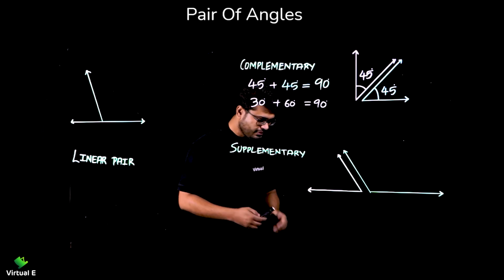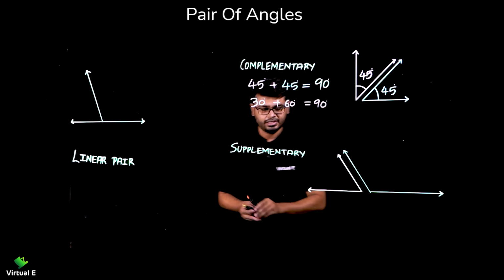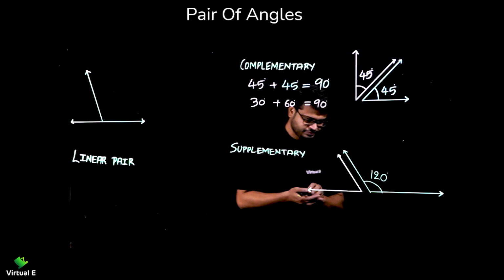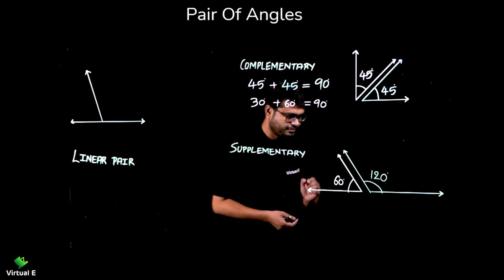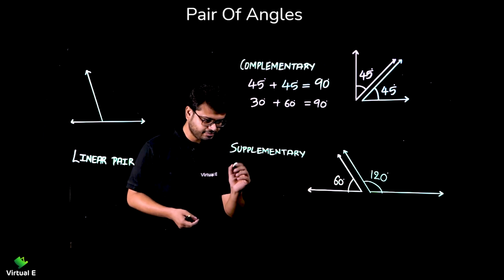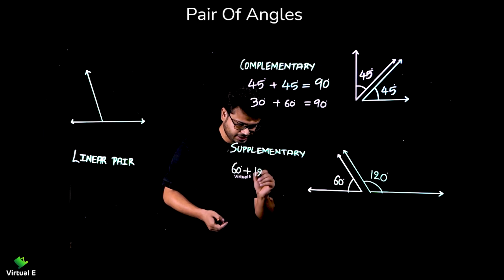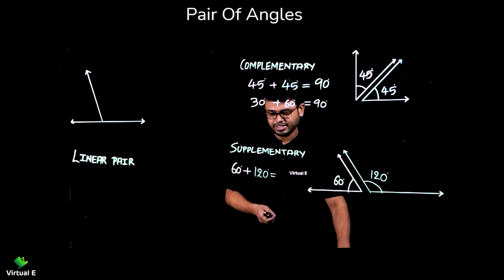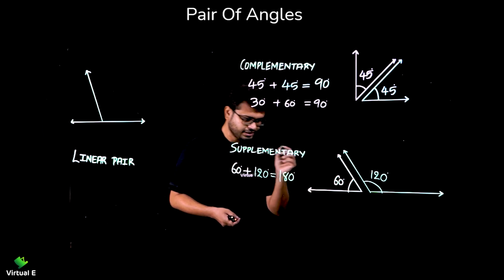Similarly, let's say here it is 120 degree, and here let's say 60 degree, right? So if we add them up, 60 degree plus 120 degree, very simple, that is 180 degree.